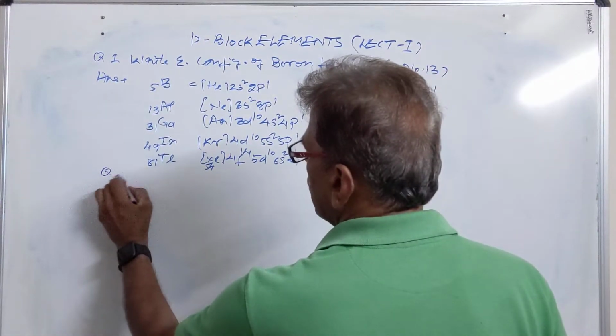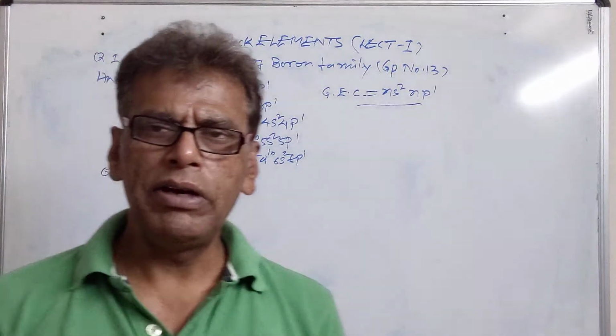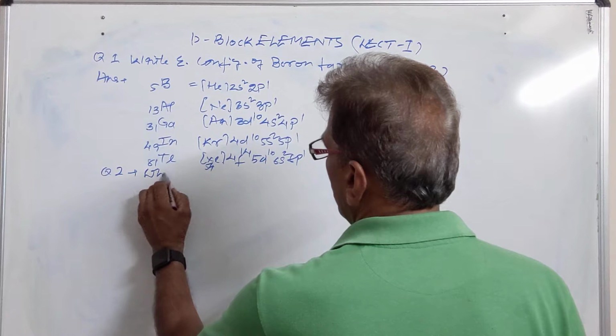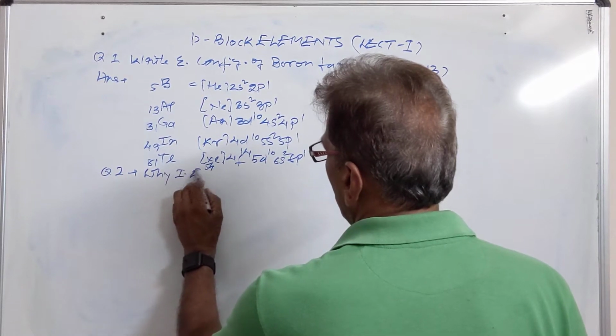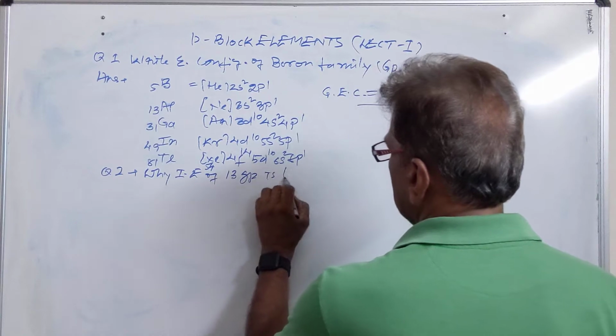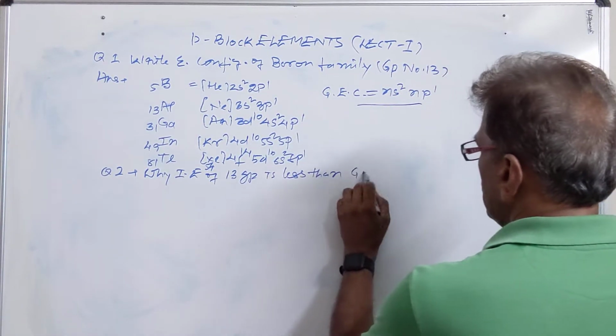Then we have the second question of boron family. Why is the ionization energy of the 13th group less than group 2 elements?